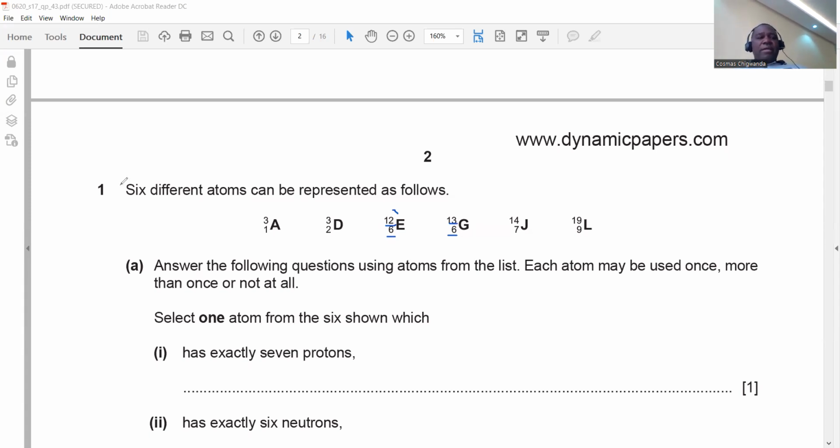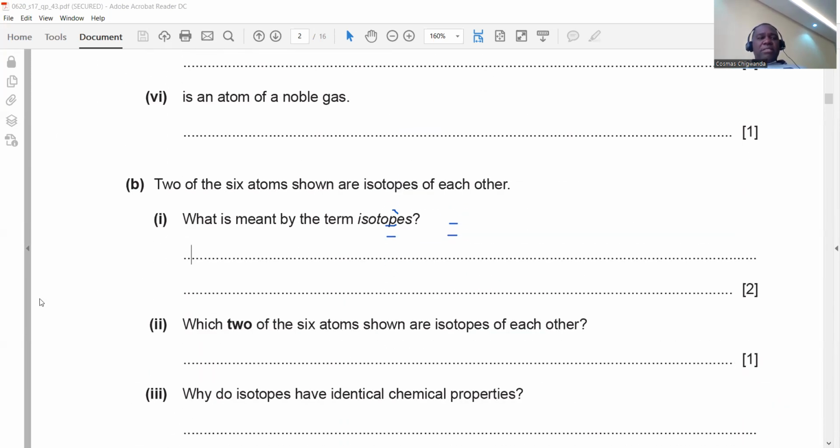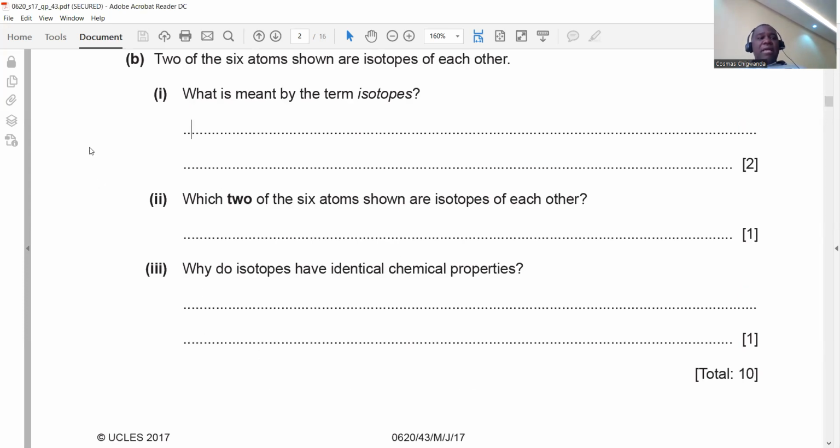The other question was, why do isotopes have similar chemical properties?